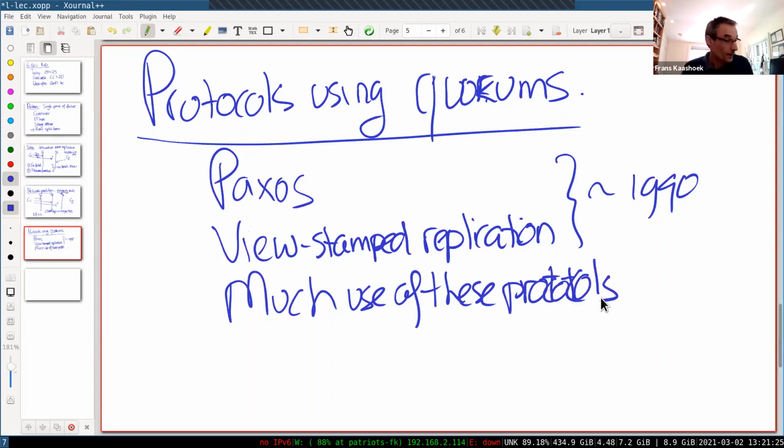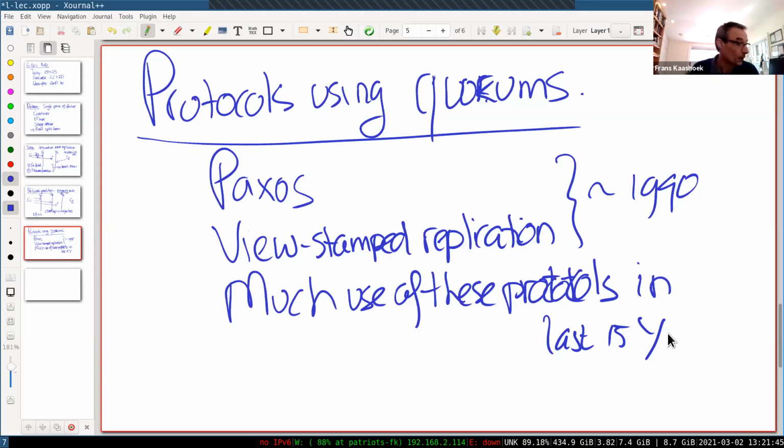It's interesting to observe that this is basically 15 years after these protocols were invented. They sat on the shelf for 15 years until people actually had a real use case for them.